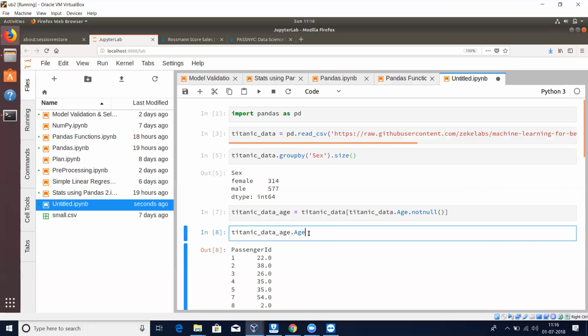Now what you want to do is basically group by the age factor, like 0 to 10, 10 to 20. That is what you want to do. And then you want to find the frequency out of it. So you basically would do this.